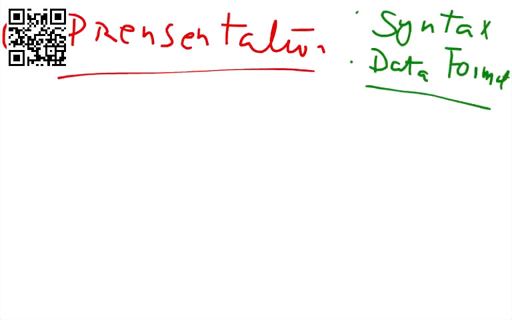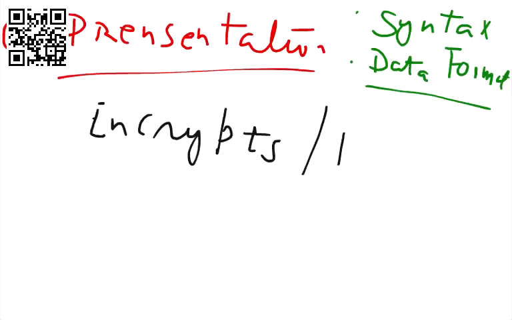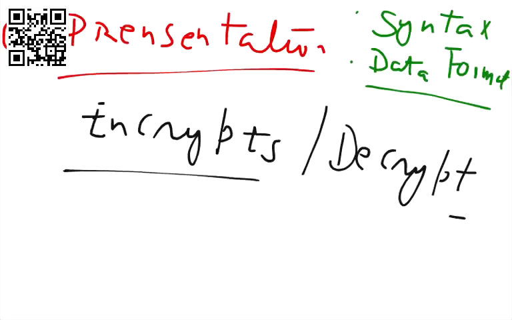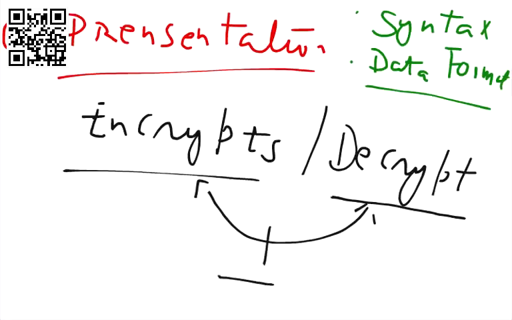And in addition to presenting the data, it also encrypts or decrypts the data. Because the communication on the network has to be secured, the data has to be encrypted, and on the receiving end, it has to be decrypted, and it is the responsibility of the presentation layer to do it.